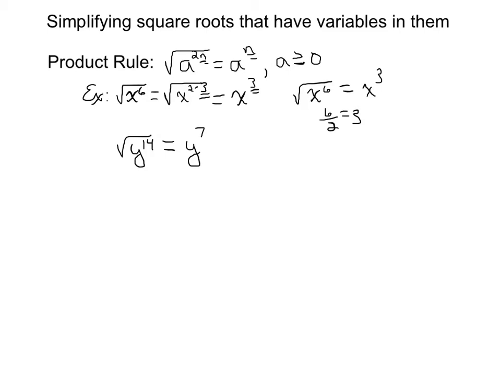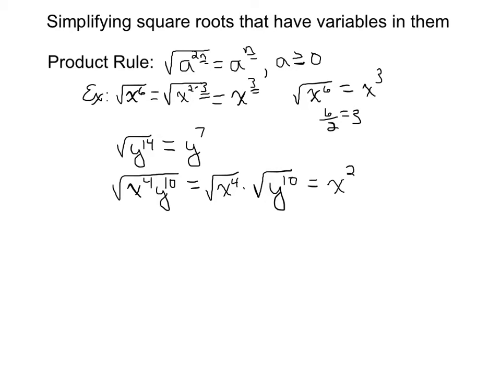What about combining a couple? Suppose I have the square root of x to the 4th, y to the 10th. Well, now I need to think about these two variables, and I can think about them separately using the product rule from earlier. What is the square root of x to the 4th, and what is the square root of y to the 10th? Well, the square root of x to the 4th, how many pairs of x's do I have?